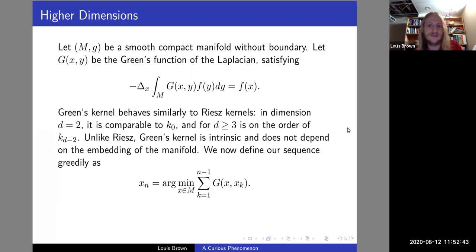And so now we can define our sequence greedily by x_n equals the argmin over x in M of the sum from k equals 1 to n minus 1 of g of x comma x_k. So instead of f of x minus x_k, now we're using g of x comma x_k.